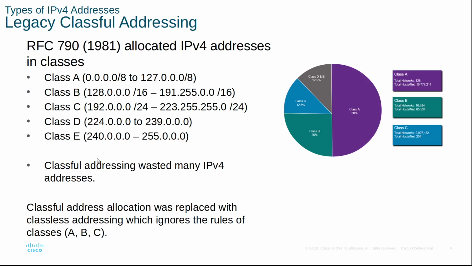Class E was for experimental purposes, developing new IP technologies. And then A, B, and C, you would get one of those based on the size of your organization, and then you would divide it up accordingly. But it was extremely wasteful, and we generally ignore classful addressing now.